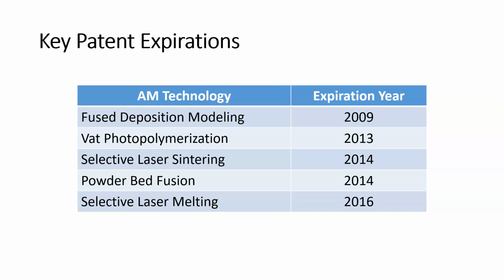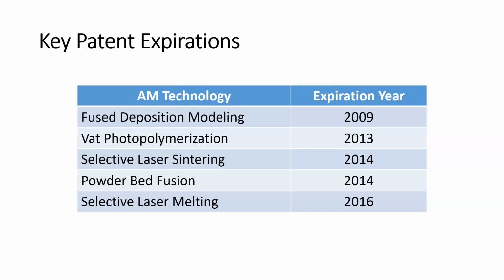All right. And why is this significant? Well, because this is the date when we would expect, for example, fused deposition modeling, patented by Stratasys and Scott and Lisa Crump, the patent expires in 2009. So what that means is when you want to buy an FDM machine before 2009, you can only buy a Stratasys machine. After 2009, and if you're old enough, think back to that period, 2010 and on.